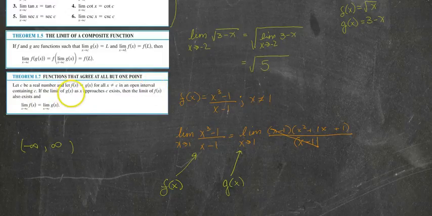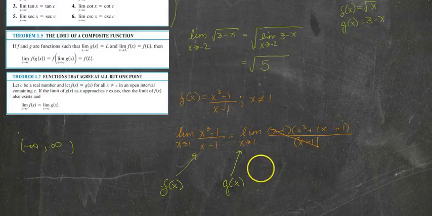If the limit of g of x as x approaches c exists, then the limit of f of x exists, and they equal each other. So I can say that the limit of f of x equals the limit of g of x, in this case because we know it does because of factoring.